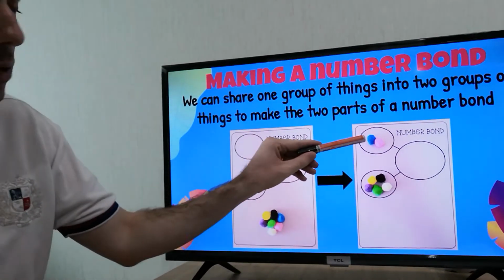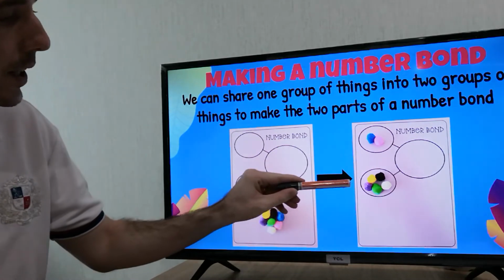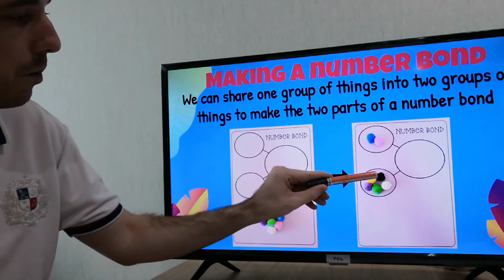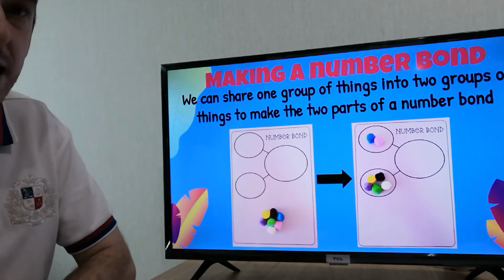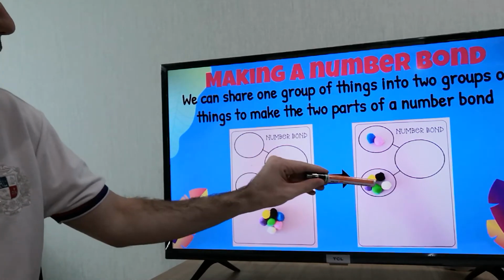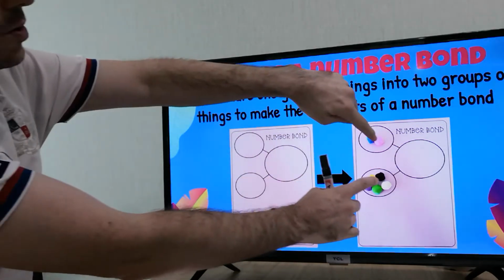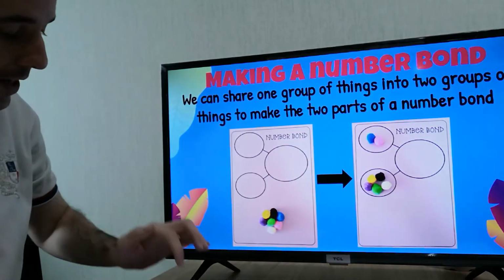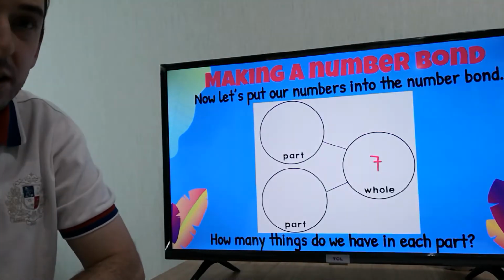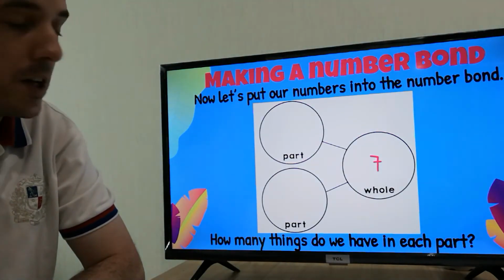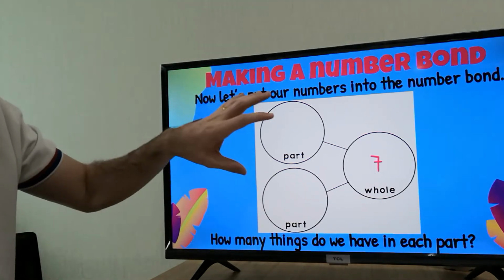I could have 1, 2 in this group, and I could have 1, 2, 3, 4, 5 in this group. So 5 and 2 together should give me what? 7. So the whole number was 7.